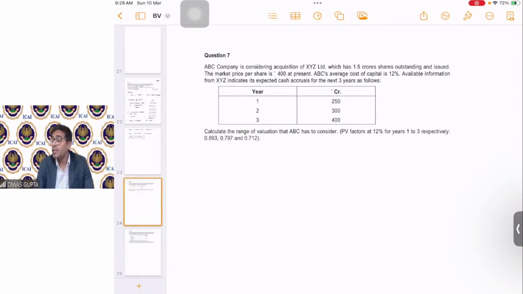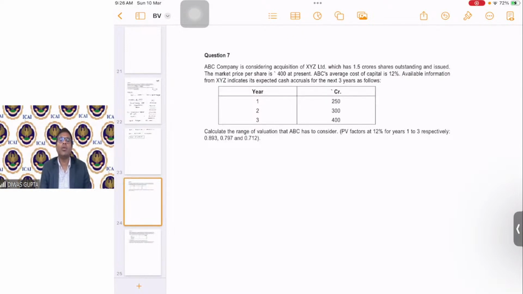So students, this is the cash flow approach, because they have given us the expected cash accruals. Cash accruals means whatever we are going to earn in cash for the next 3 years, which is 250 crore, 300 crore, and 400 crore.